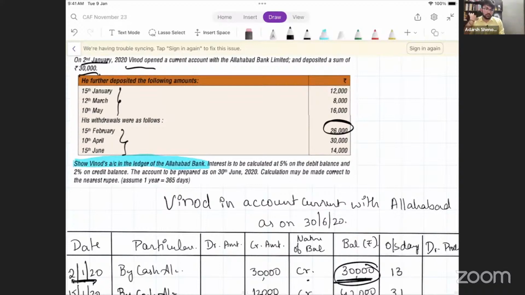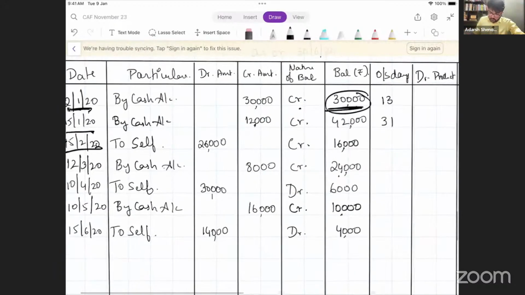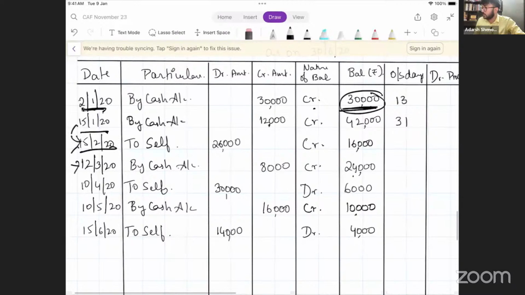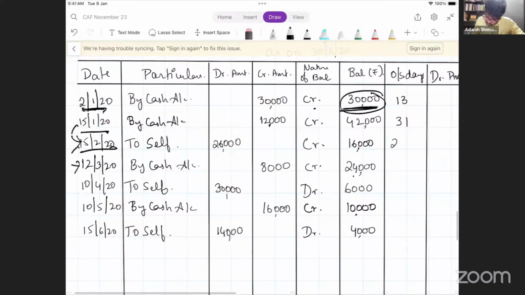As the institute is doing, although the calendar will say something else, it doesn't matter. Institute says it has 365 days. Institute is God. We will follow the institute. So February will have 28 days in 2020 for this problem. So we have 13 more days left in February, 12 days in March, so 25.